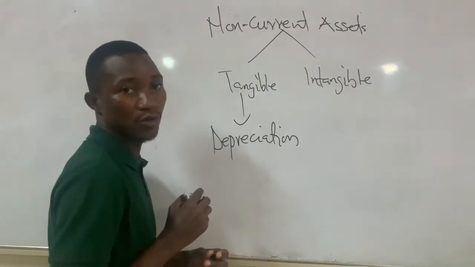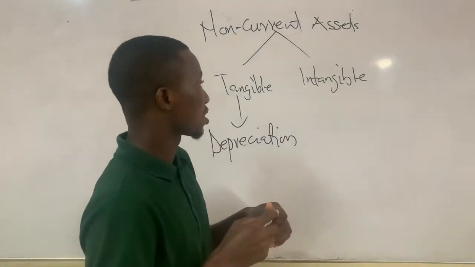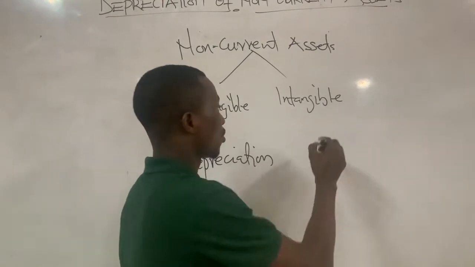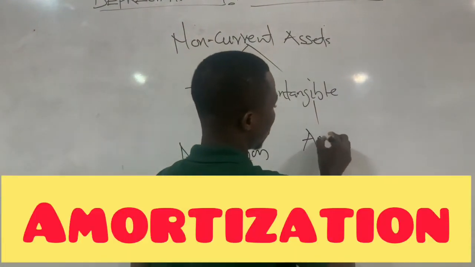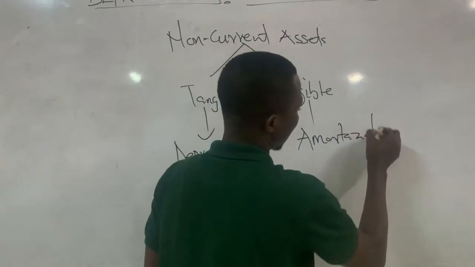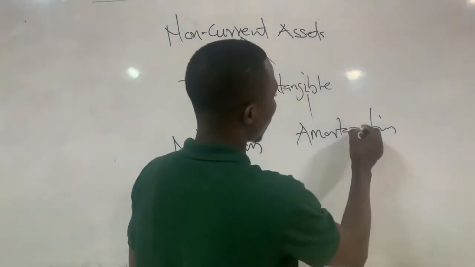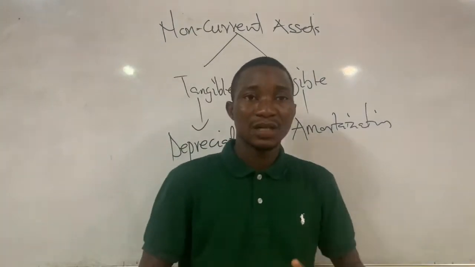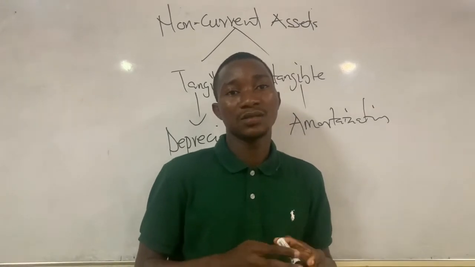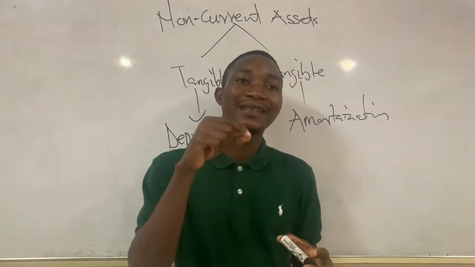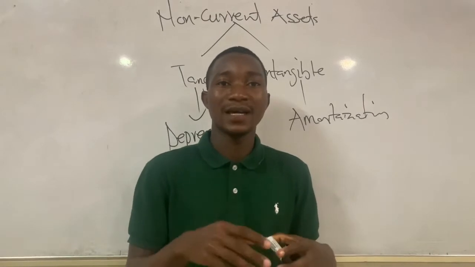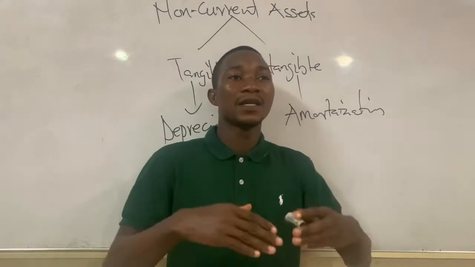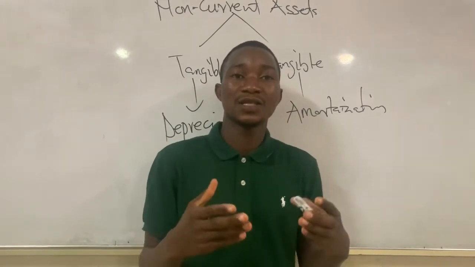So this is what we are going to look at, the depreciation itself. But when the intangible non-current asset is losing value, we rather call it amortization. We define amortization as the systematic allocation of the depreciable value of intangible non-current assets over its estimated useful life. When I say estimated useful life, that is the number of years that we expect the asset to be in operation.